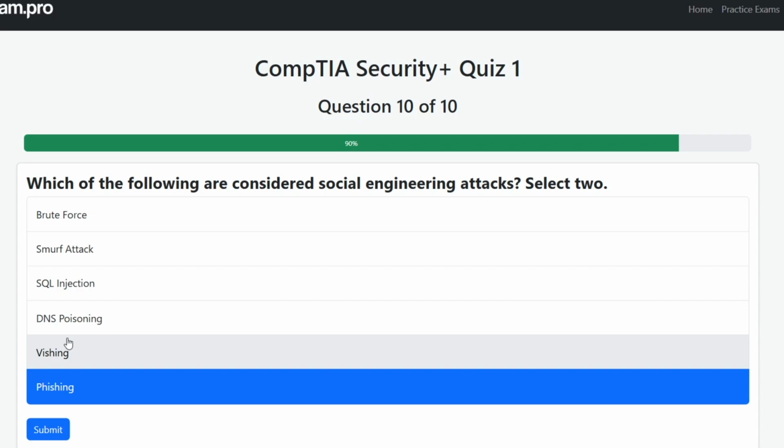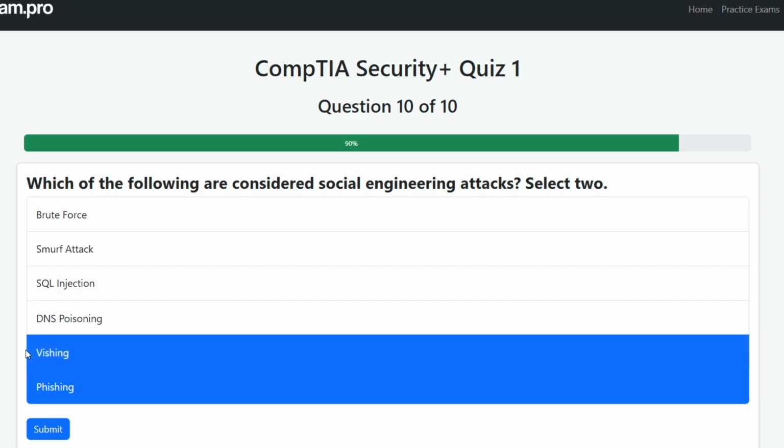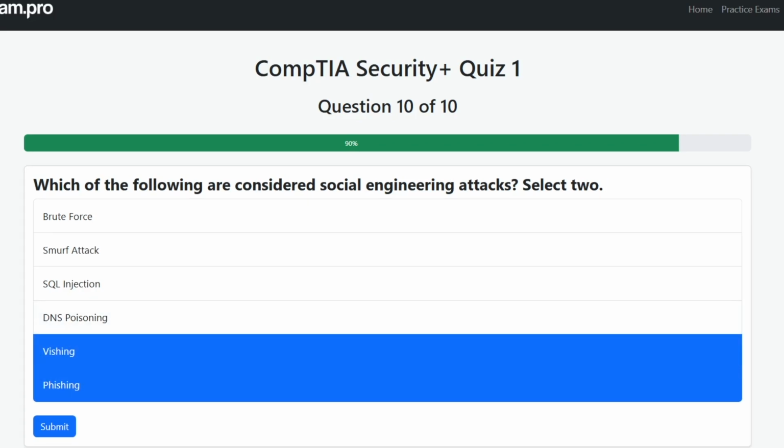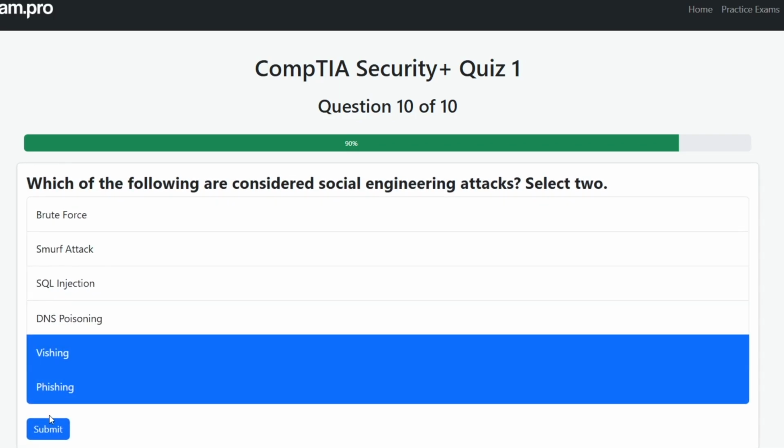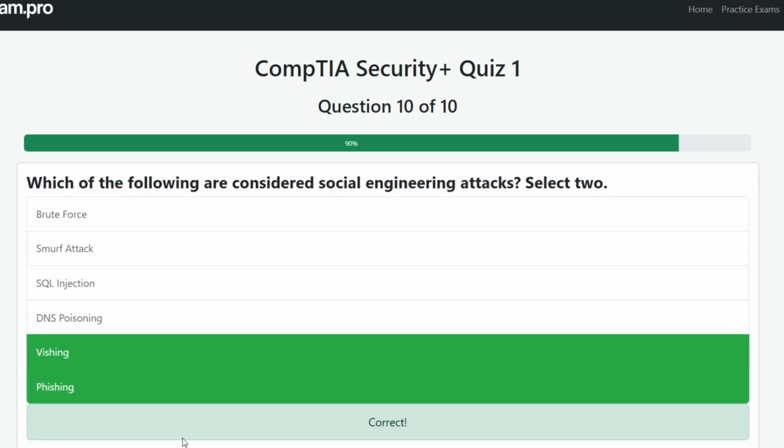For example, you get a phone call saying, your computer has a virus, I want to remote in. That would be a social engineering attack. So it uses voices to trick individuals, which may allow you to reveal sensitive information, give out your credit card info, your password, things like that. So those are social engineering attacks, and those should be the correct answer.